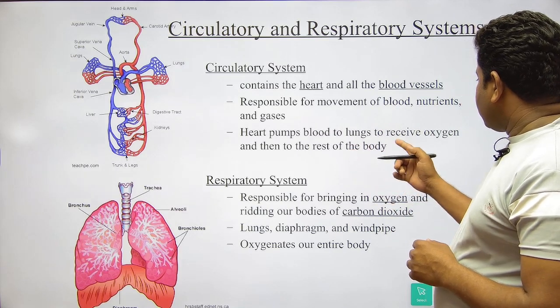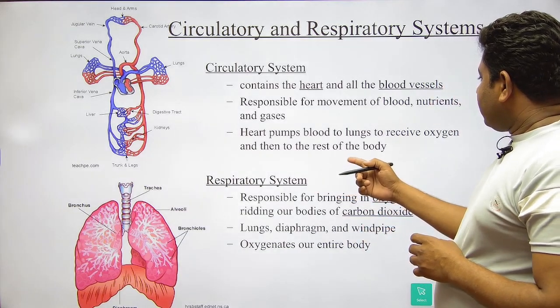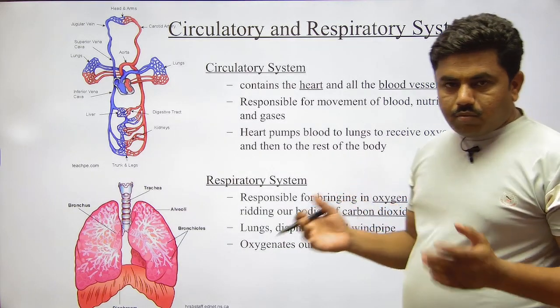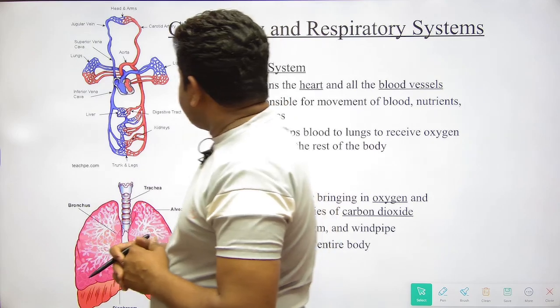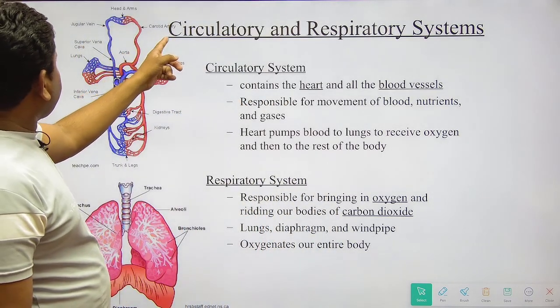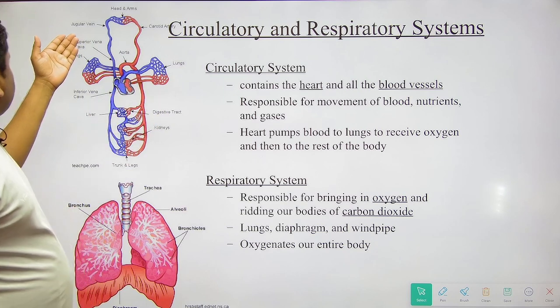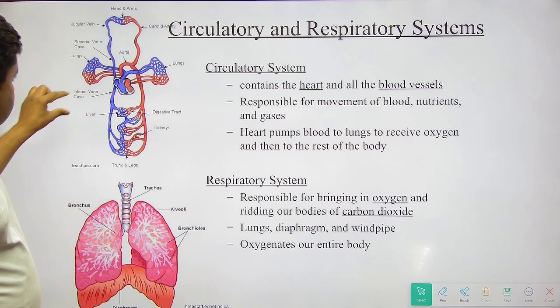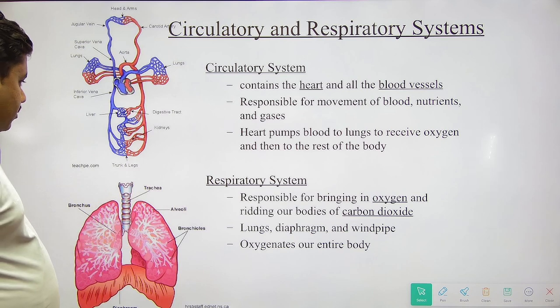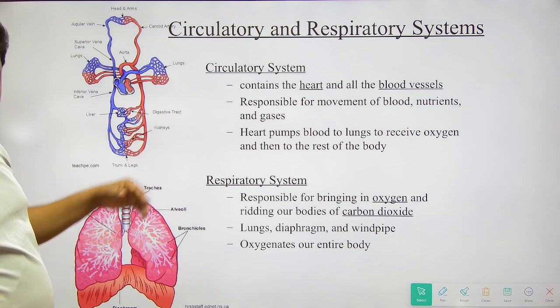The heart pumps blood to the lungs to receive oxygen, and then to the rest of the body, and this is most important. Now see here, the carotid artery is given, the aorta, lungs, and then the jugular veins. This is the system for circulation, and that is called the circulatory system. The liver is also here, and it helps in the circulatory system.